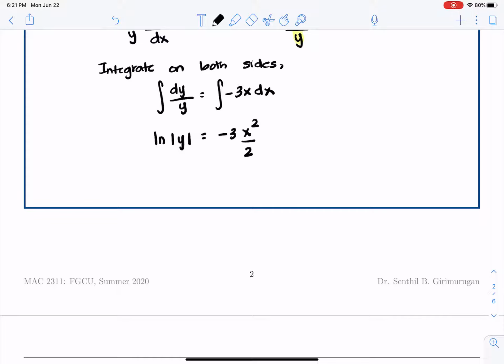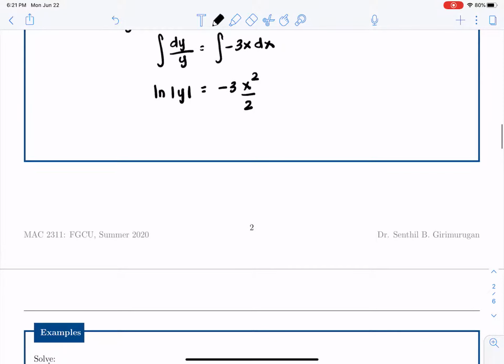And this particular solution, if you recall from one of the previous videos, is an implicit solution, because the solution depends on y as a function. But we can make it explicit by taking exponential on both sides.